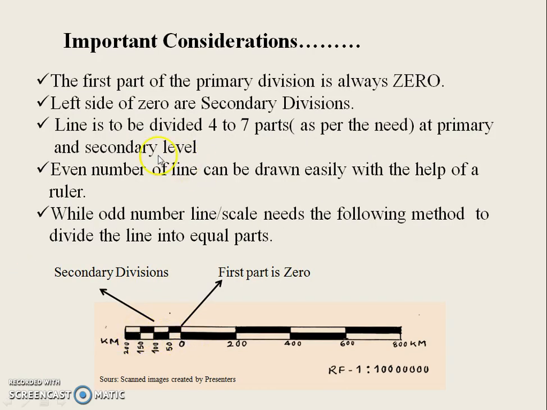The first primary division is always 0 as shown in the diagram. Left side of 0 are secondary divisions.